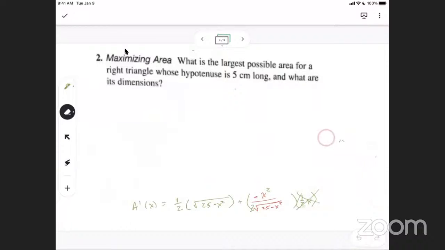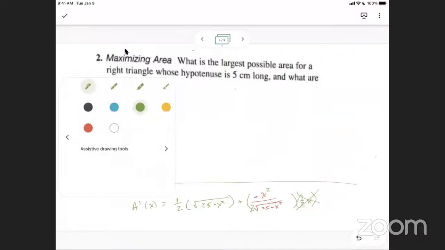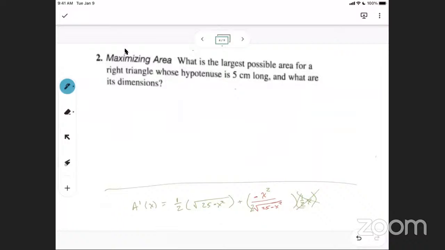So starting with what I had at the bottom, I'm going to write that back at the top, but I'm going to simplify it. I'm going to use a blue pen here. Actually, you know what? This 2 is already underneath here, isn't it? There's the 1/2, you can just put the 2 at the bottom, and that's already there.